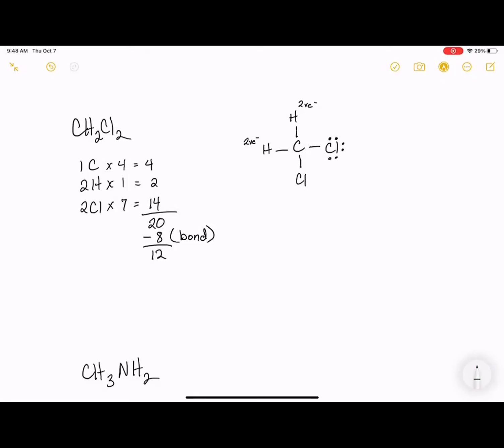So 6 electrons plus the 2 in the bond gives it 8 valence electrons. And that is true for both of our chlorines. In giving our 2 chlorine atoms their octet, we use up an additional 12 electrons.